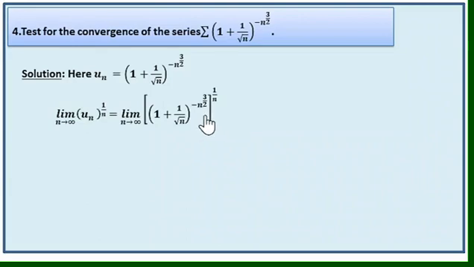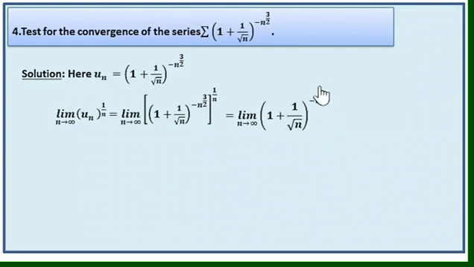That is, we can write n power 3 by 2 into 1 by n. 1 by n can be written as n to the power minus 1. So it is n power 3 by 2 into n power minus 1. That is n power 3 by 2 minus 1. That is n power half. Okay, so we have this is equal to 1 plus 1 by root n to the power minus n power half.